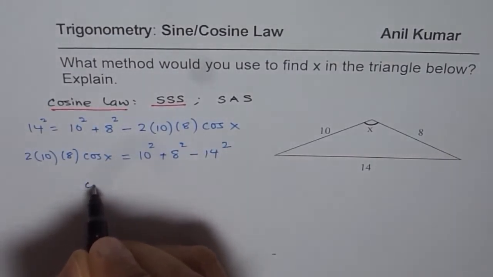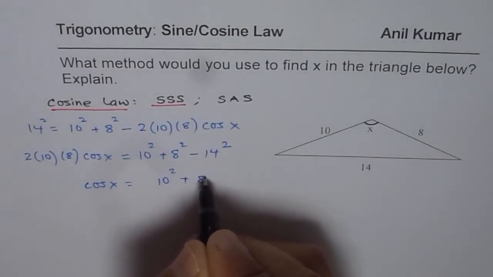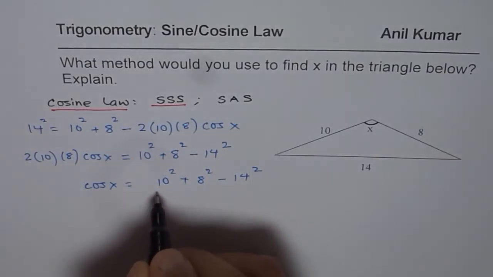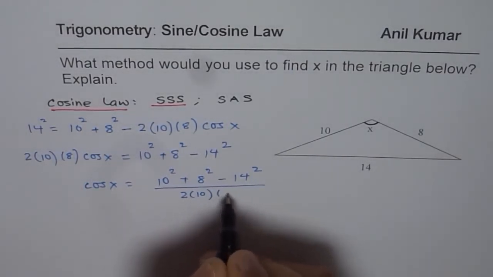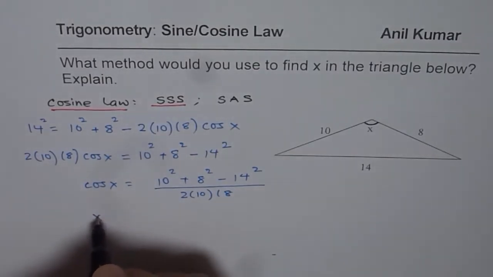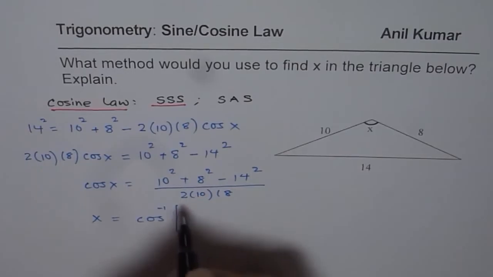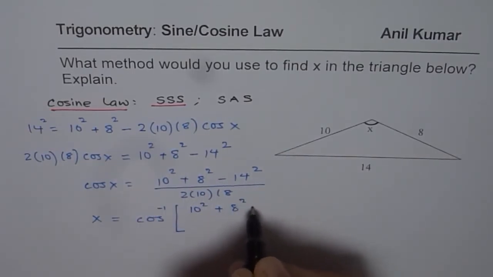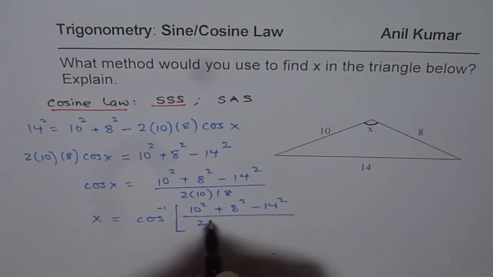Now cos x will be 10 squared plus 8 squared minus 14 squared divided by 2 times 10 times 8, and of course x is going to be cos inverse of all this, 10 squared plus 8 squared minus 14 squared divided by 2 times the product of these two sides, right?